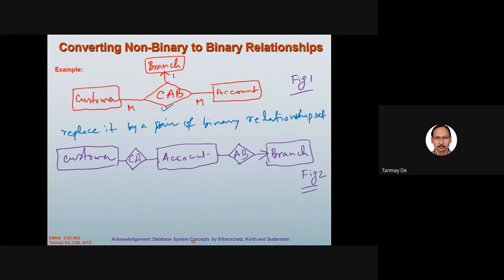It can relate account and branch. Now you see here each account, if we consider this relationship AB, by the AB relationship we get the fact that the account is located in a particular branch, or the account is associated with a particular branch.